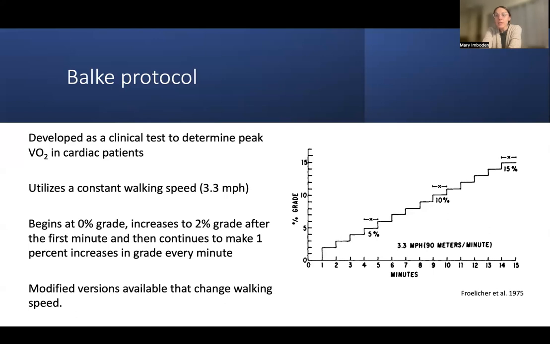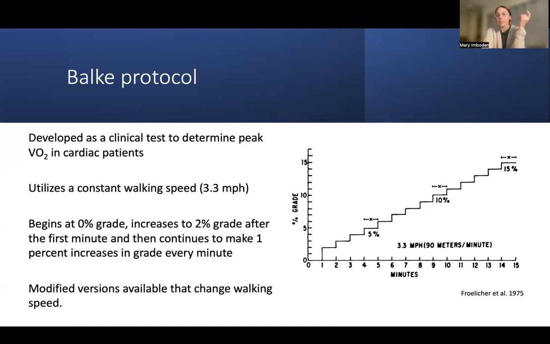The Balke protocol specifically utilizes a constant walking speed of 3.3 miles per hour. It starts at 0% grade and then increases to 2% grade after the first minute, and then continues to make a 1% increase in grade every minute. Like I said, modified versions are available.